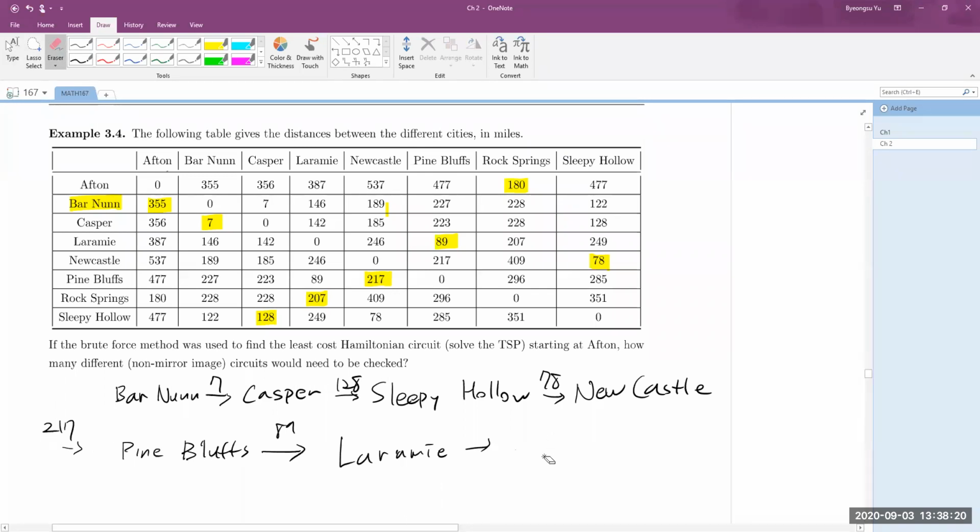From Laramie to Rock Springs, yeah, 207, and from Rock Springs to Afton, 180, and go back to Barnum using 355 miles, right?